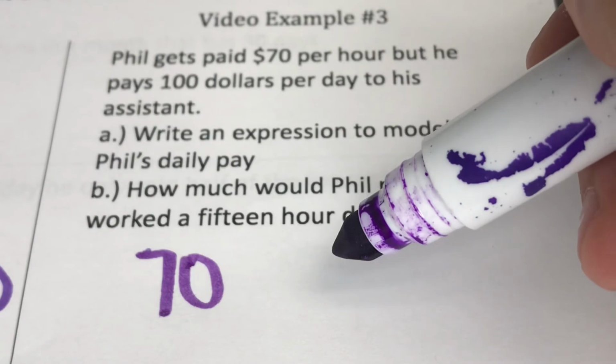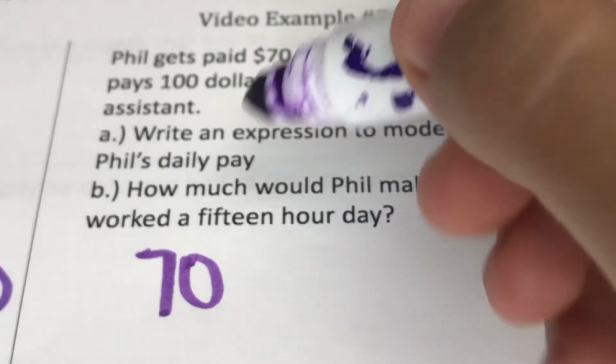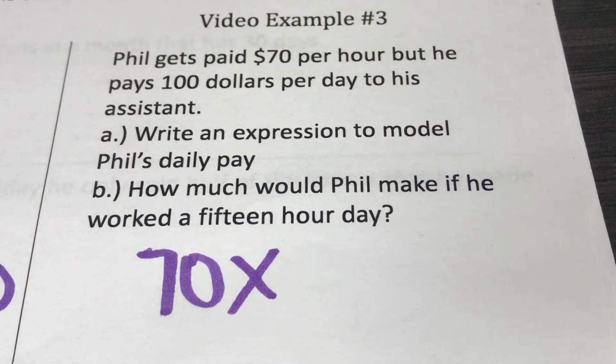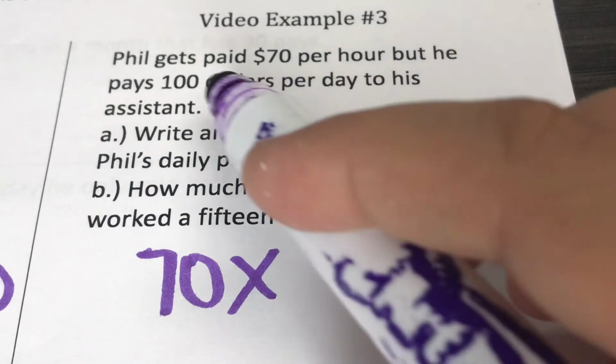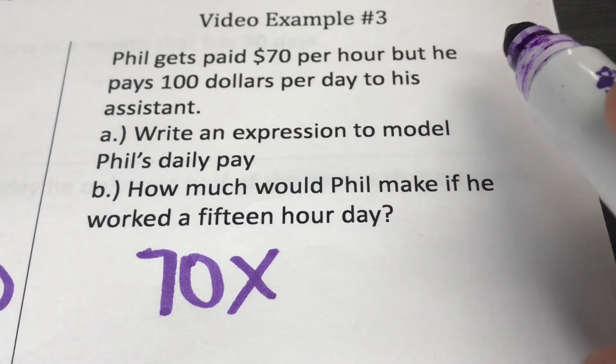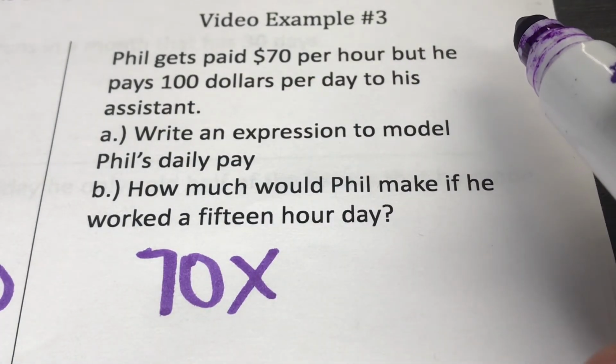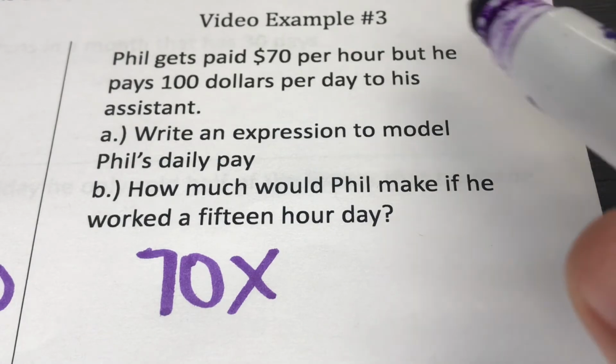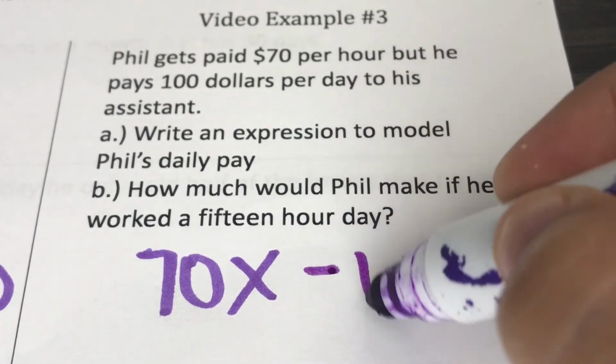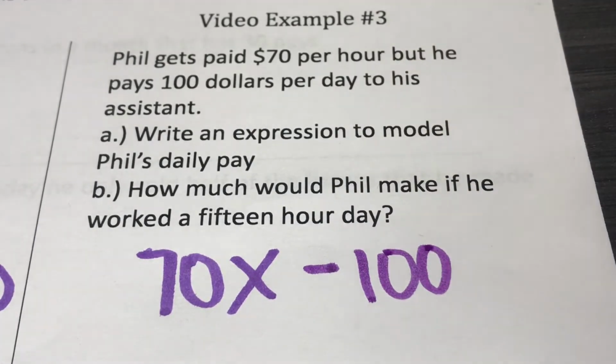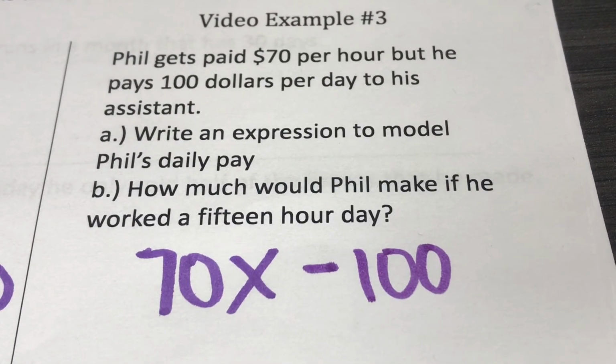At this point, we don't know how many hours he works, so we're going to represent his hours with X. Even though Phil makes $70 per hour, he still pays his assistant $100 per day. If he's paying her or him $100, that means he's subtracting that from his daily pay of $70 per hour.